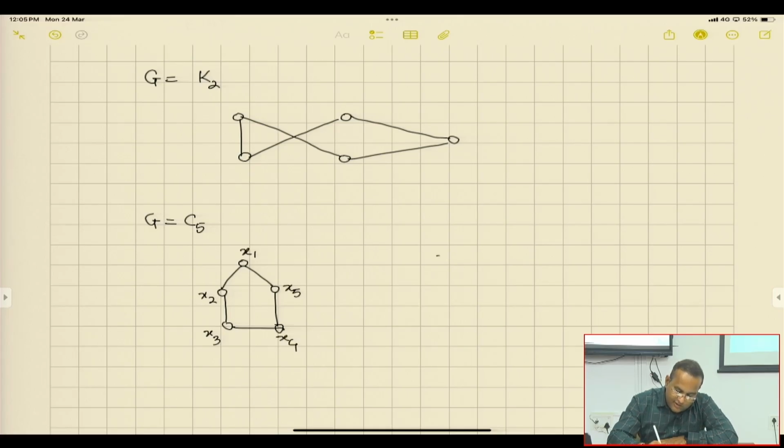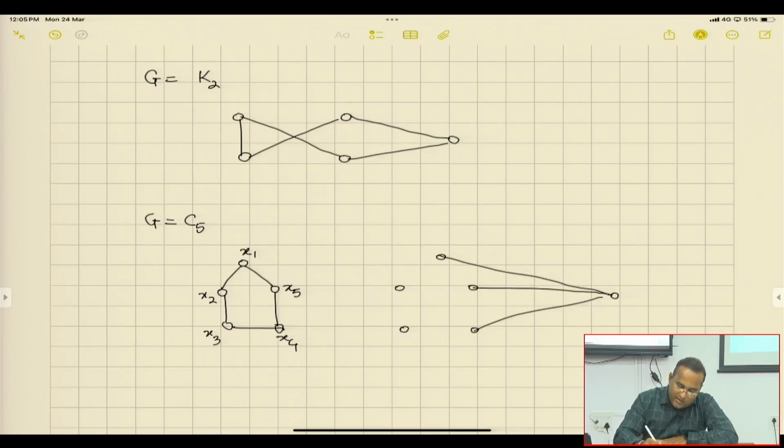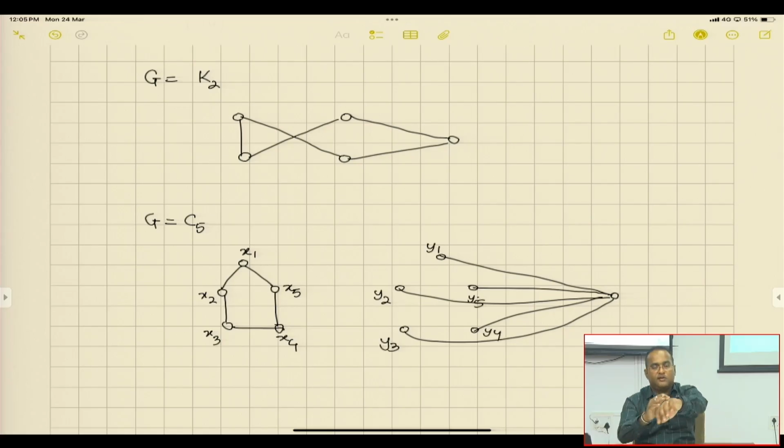Then we are going to have 5 vertices, then 1 vertex, right? So this is made adjacent to everything, right? Then accordingly, let us say this is y1, y2, y5, y4, y3, right?